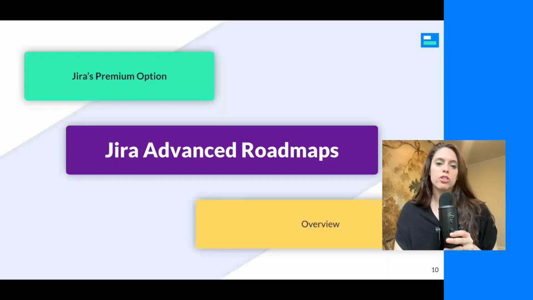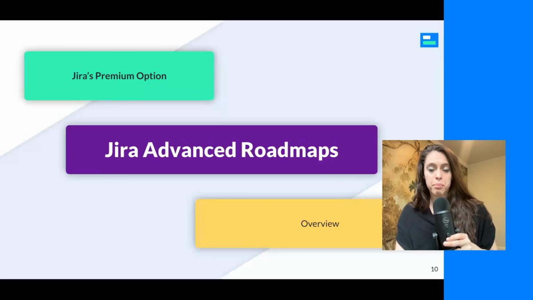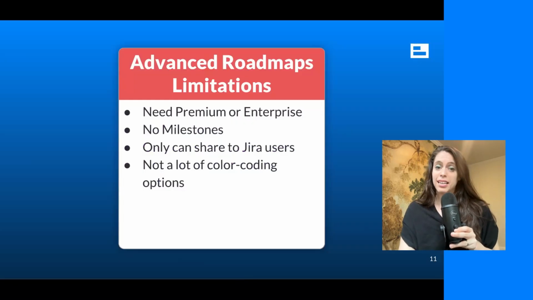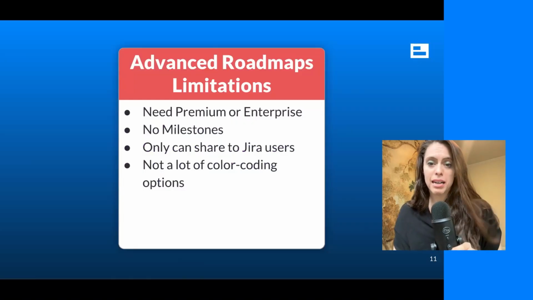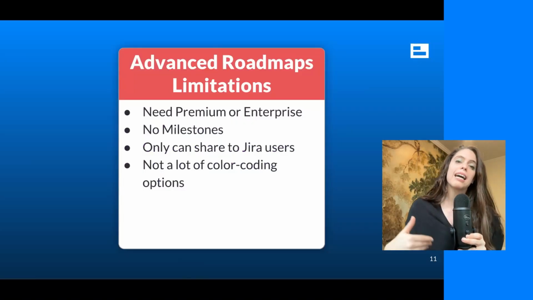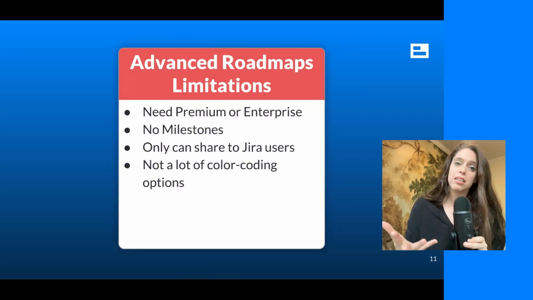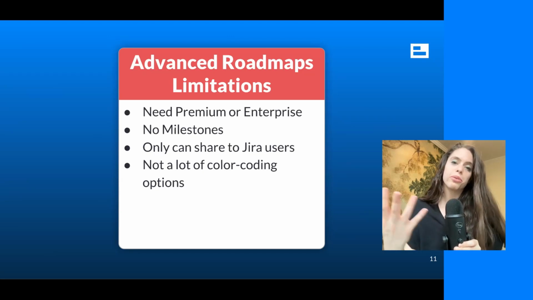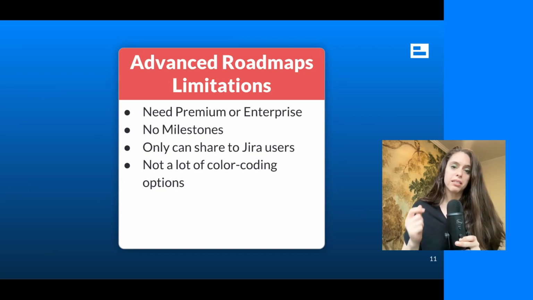Now let's move on to the Jira Advanced Roadmaps option, the more premium built-in feature that Jira offers. Again, you need Premium or Enterprise Jira licenses to access. You also can't put in or visualize milestones. You only can share these roadmaps to people who are using Jira, and there's also not tons of color coding options.